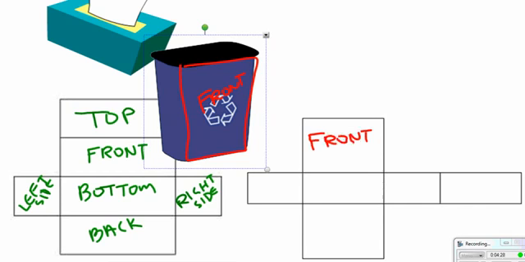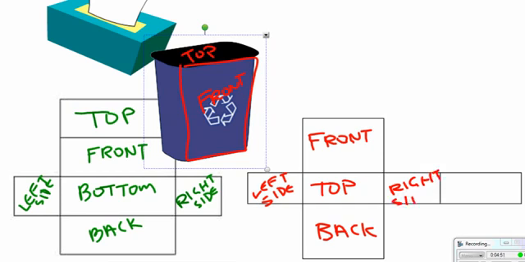Then we've got the top, and that's the slimmer side, so this is the top. And this would be the back. And then we have the left side, the right side, and the bottom.